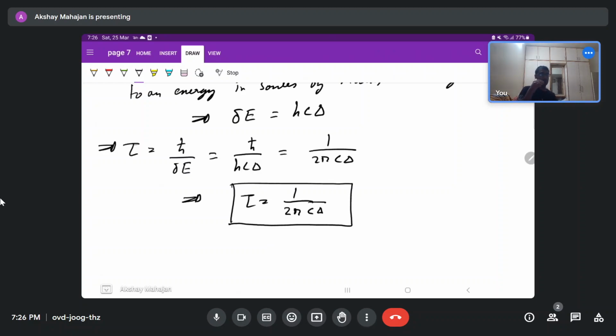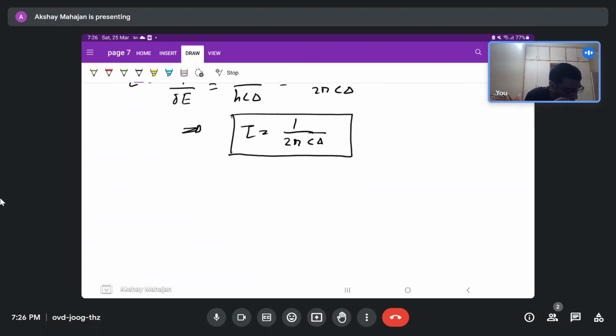This is the relation that we have to use in this problem.